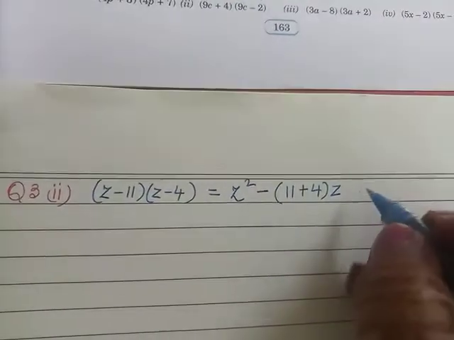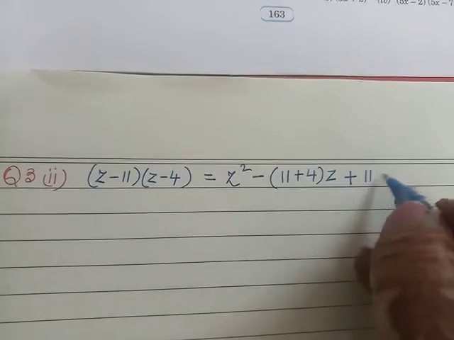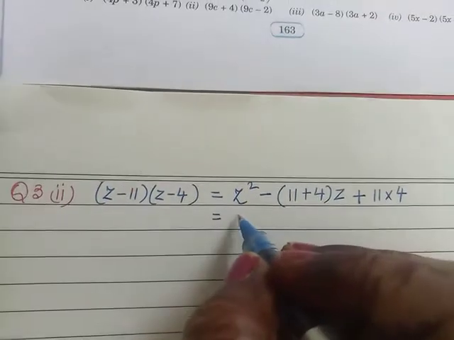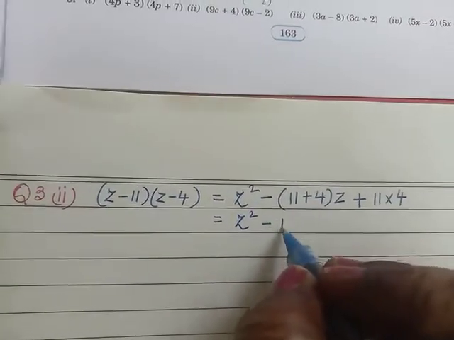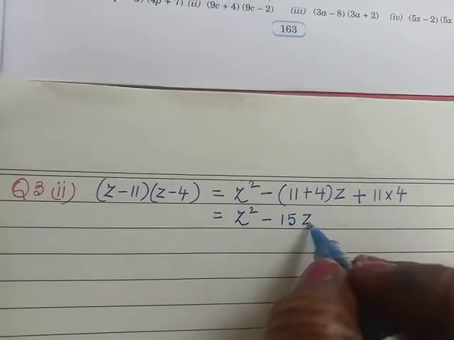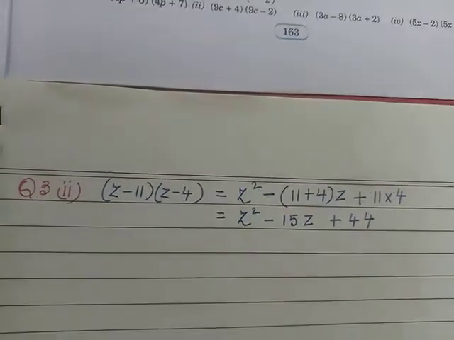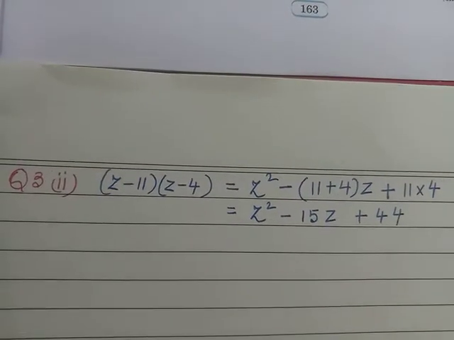As both are negative, the last term is going to be positive, 11 into 4. So what we get? Z square, 11 plus 4 will give you 15, that becomes minus 15z. 11 into 4 will give you 44.